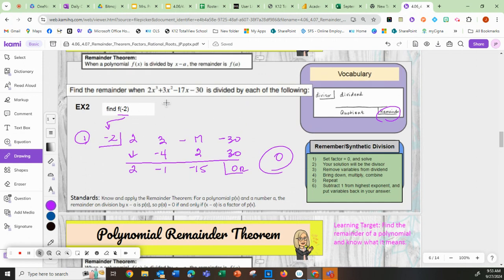So another method, instead of just taking this negative 2 and finding the remainder using synthetic division, is just the old-fashioned way, where you would plug negative 2 in for every place you see an x.